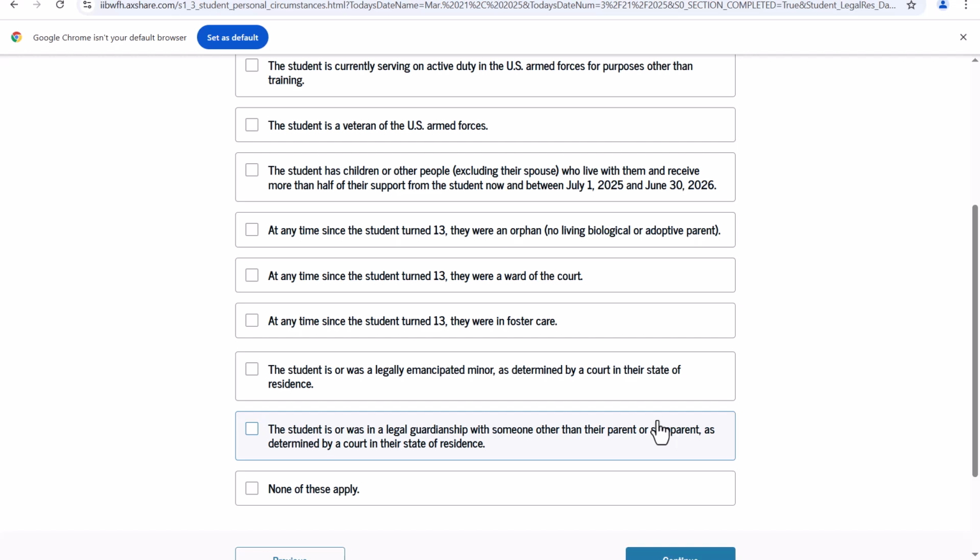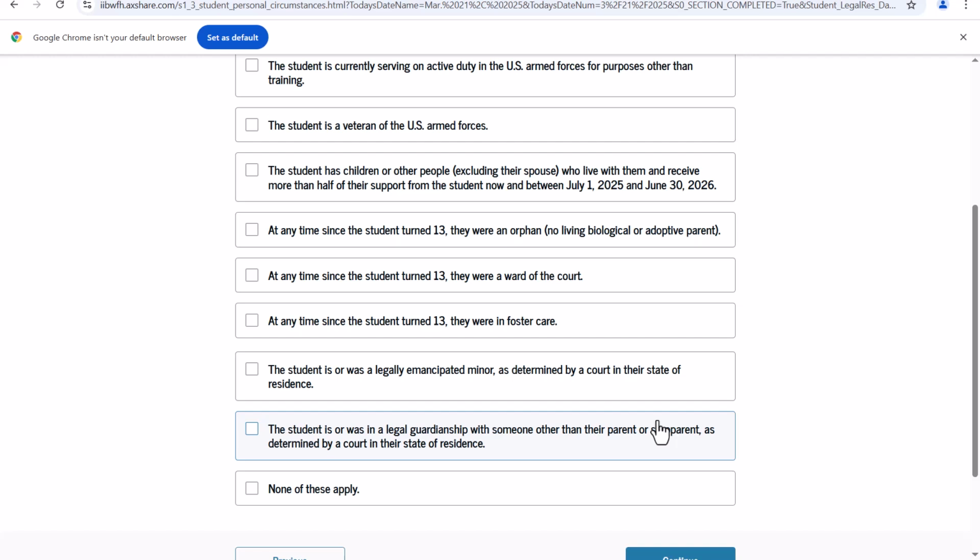Legal guardianship and legal custody are two totally different things. So just know, if you as the student select yes to this question as there being legal guardianship, you must provide the paperwork or have the paperwork ready so that you will be able to show that you are in fact or were in fact in legal guardianship at some point.